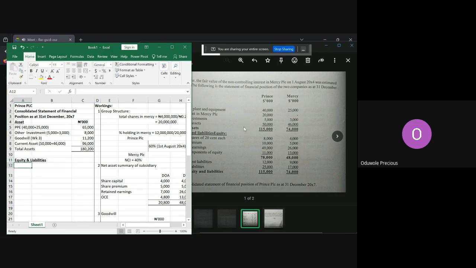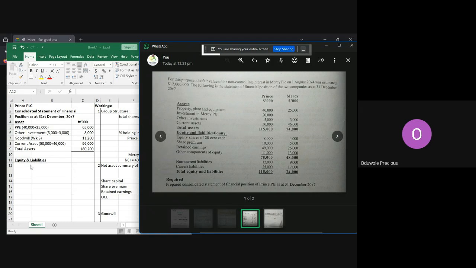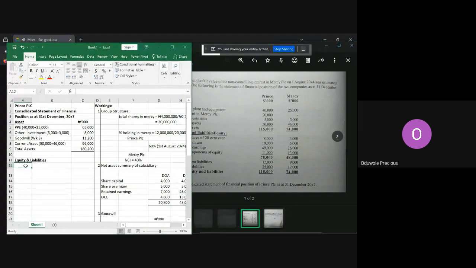So for the equity, we have equity shares. Parent, in this place, it's only the parent's own that you use. We are not adding the subsidiary's to the parent's, because this is the parent account that we are doing. So let me put share capital, and I'll open the bracket and put parent. Yes, so I'm only going to use parent, which is 8,000.